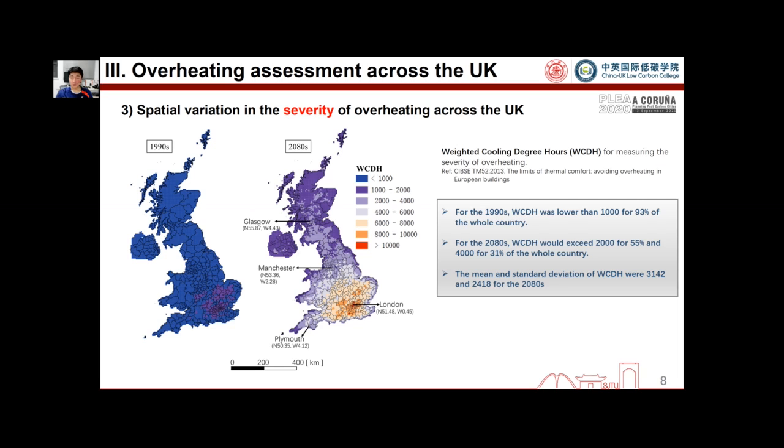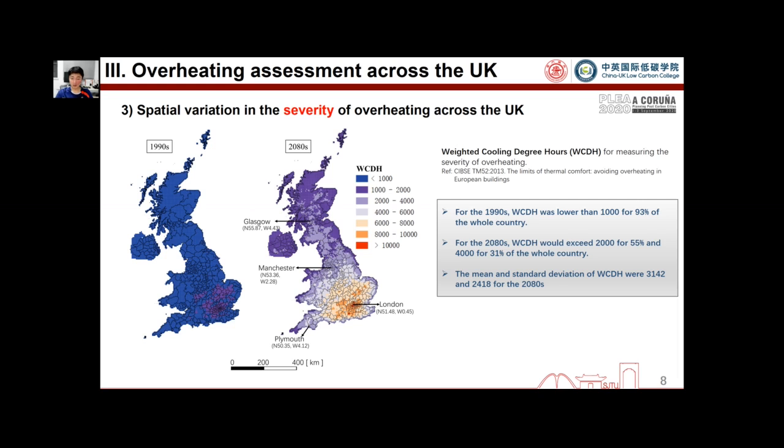And for the 2080s, weighted cooling degree hours would exceed 2,000 for over half of the country, and the standard deviation of weighted cooling degree hours was 2,418. That was quite high, so that indicates that the spatial variation in weighted cooling degree hours over the country is significantly high.